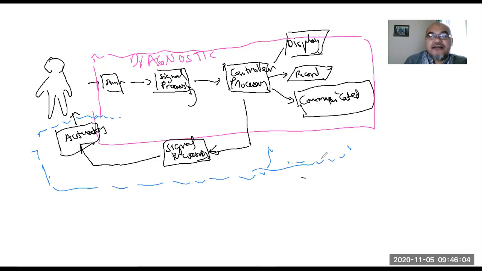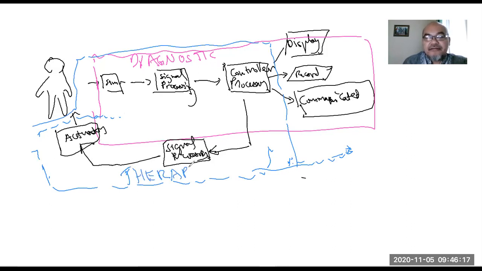The boundary is a little bit blurred as well. What I mean is, in the previous era, any therapeutic instrument did not need to acquire information first from the patient. It immediately converts, like the defibrillator, for example.